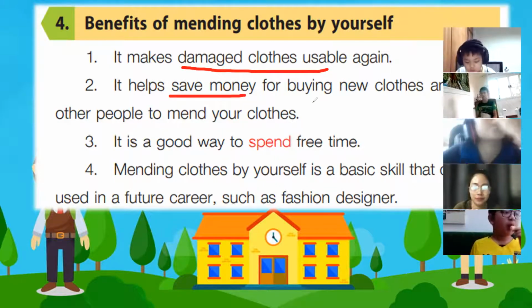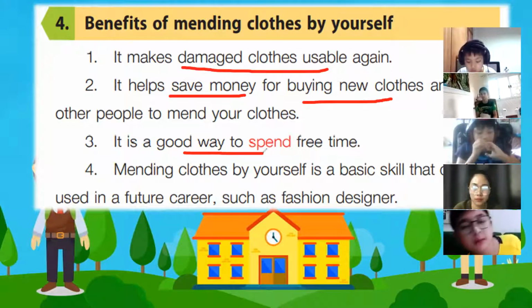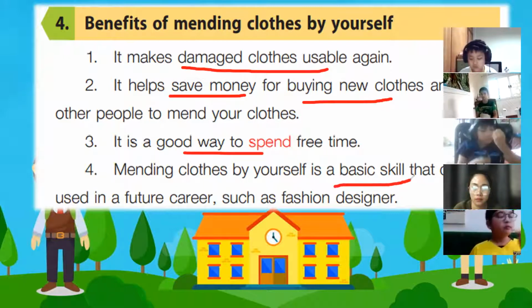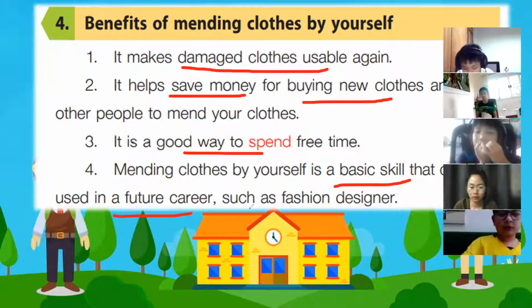Third, we no need to buy new clothes very often. And the other benefit was a good way to spend free time. And the other benefit was it's a basic skill which we can use in our future career as fashion designers. These are all the benefits.